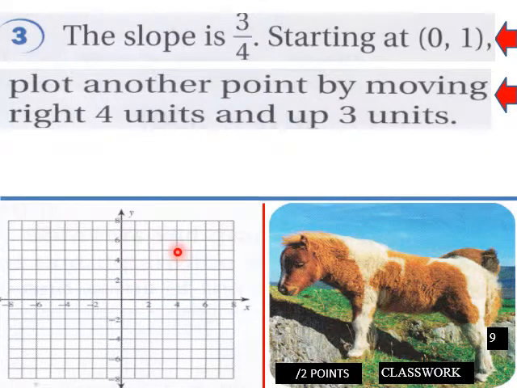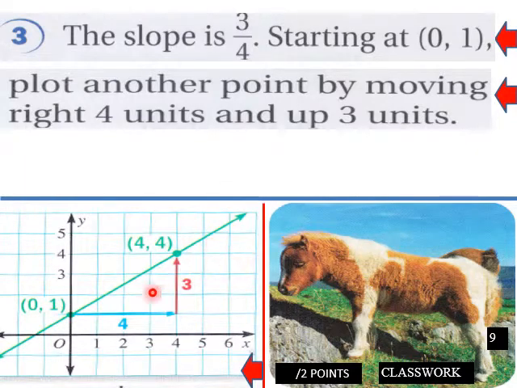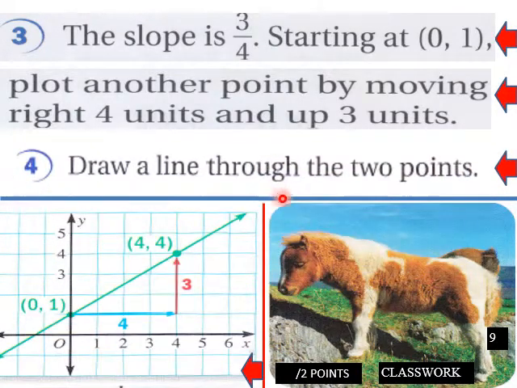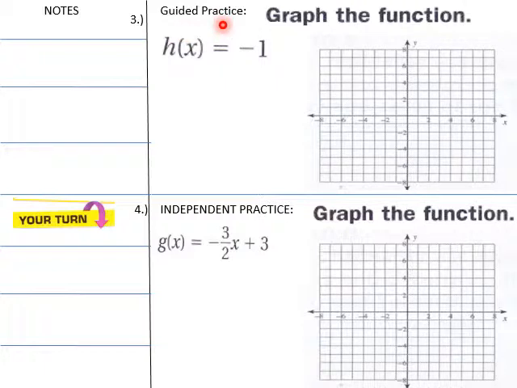This is what your graph will look like. Here's 0, 1. Here's your rise, here's your run. Your run's 4, so you move right 4, then up 3, and then you plot that point. Then draw a line through it. There it is. So draw a line through 2 points.